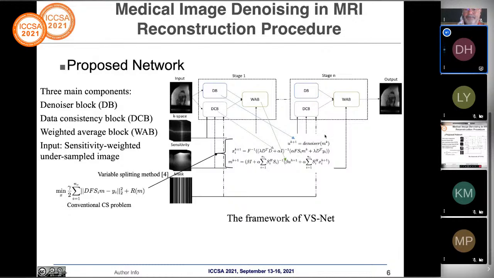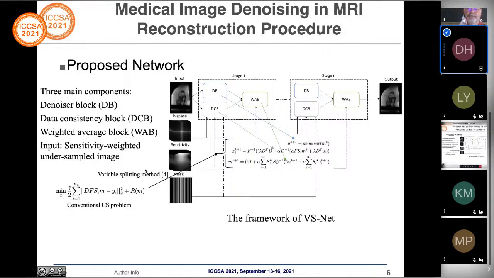It can be any denoising operation. The middle one is the data consistency block. It shows consistency between the frequency data and the spatial data. The last one is a weighted average block, which combines the weighted equation from the previous 2 equations here.